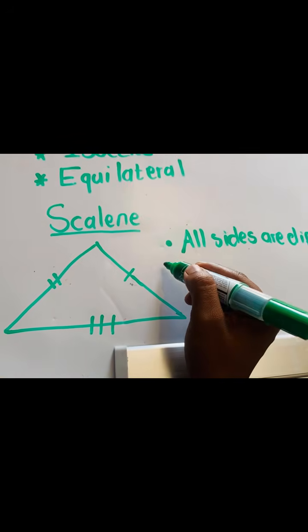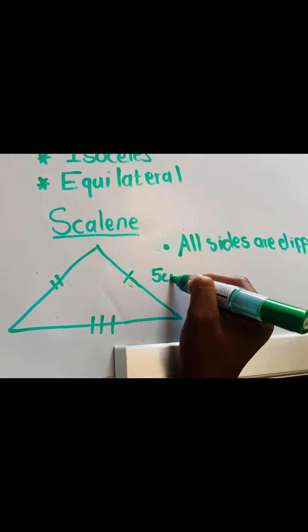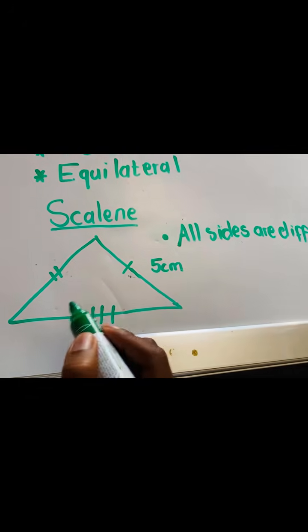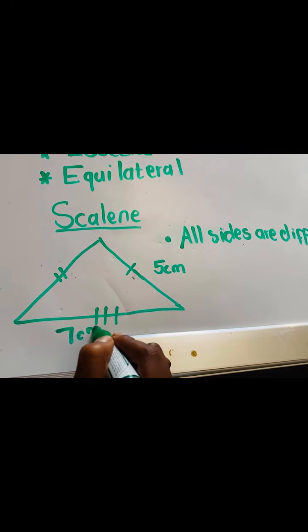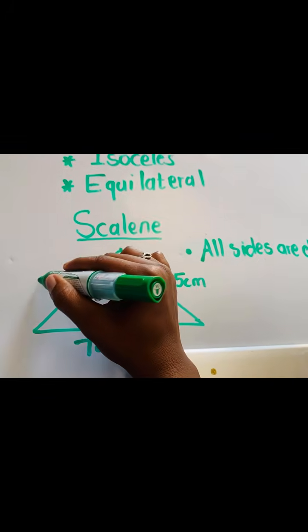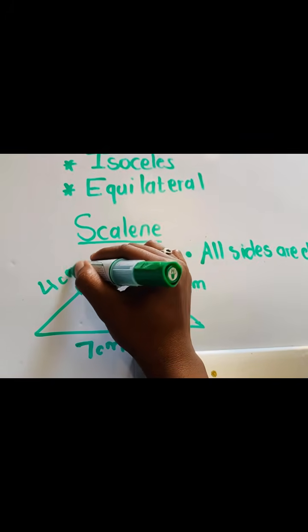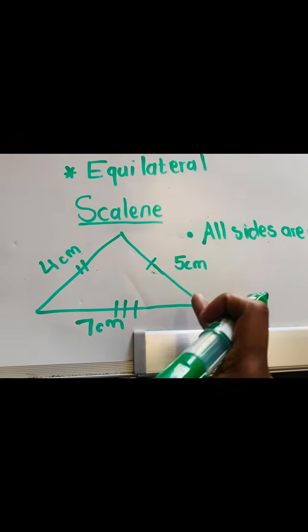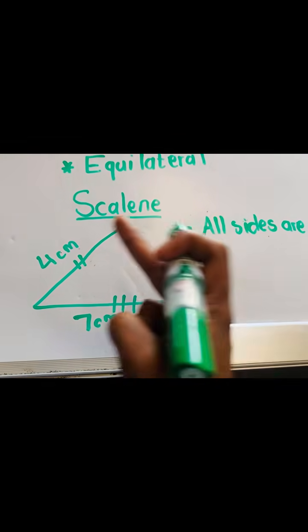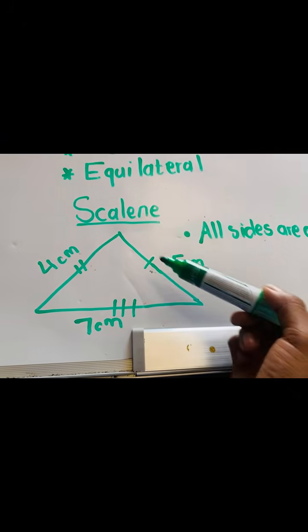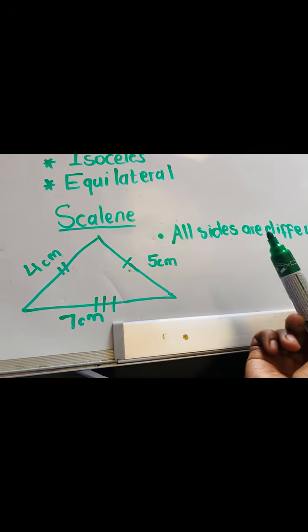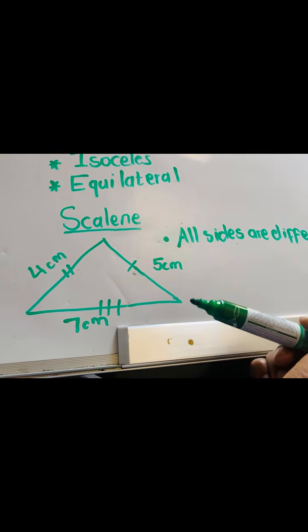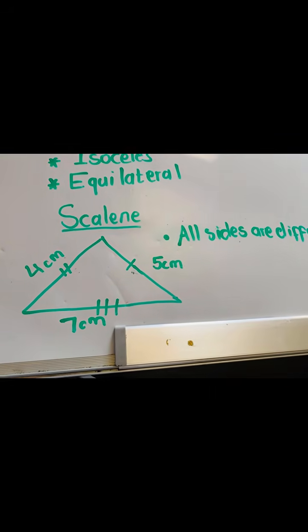So let's say this side is 5 centimeters. Then we'll make this one 7 centimeters, and I'll make this one 4 centimeters. Now see, all these sides have different measurements, so it means that all the sides of this triangle are different in terms of size, so they are all different.